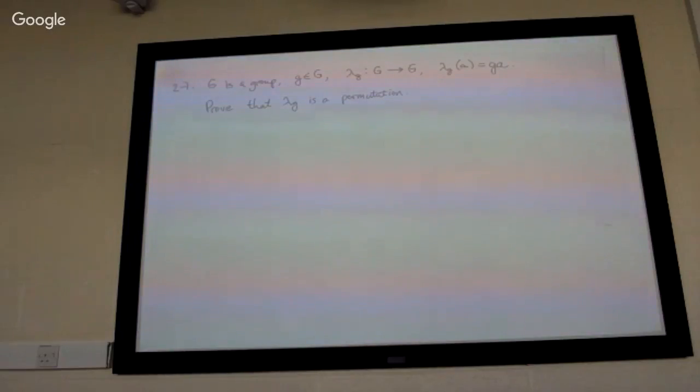The picture would be this. You fix some g in the group. And then you've got all the elements of the group. The identity is there, g is there, any other a is there. And you've got the group again, with the identity, g, a, and all the other elements.